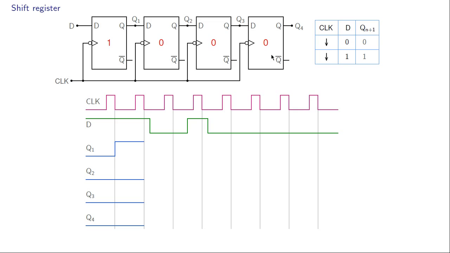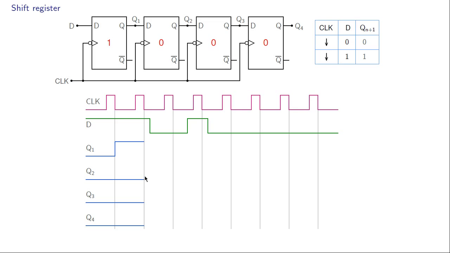Alright. Now after the second active edge, what is Q1 going to do? We need to look at D just before that active edge. D is 1, so Q1 will be equal to 1 after T2, or after this active edge here. What about Q2?